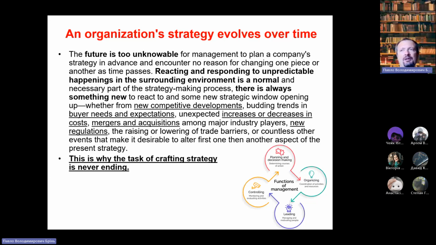And then at the stage of controlling, we have to check if all our objectives are attained as a result of our activity. However, even if everything is okay, we have to change something.